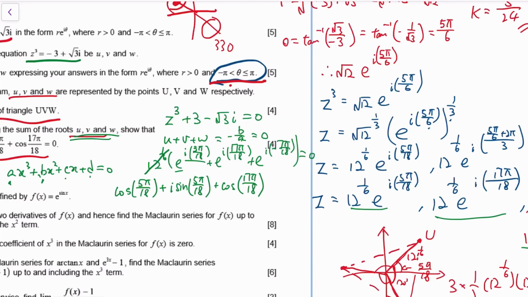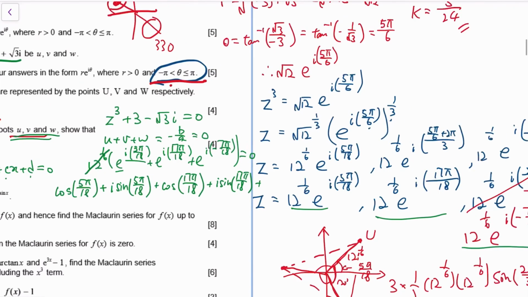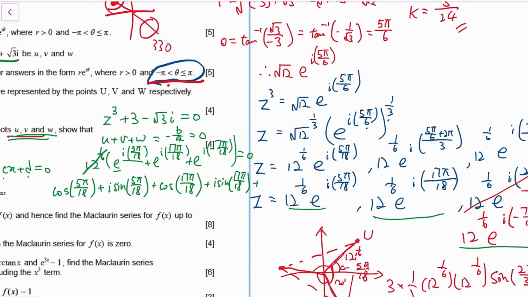Sorry for the lack of space. Plus i sine. So this whole thing is 0. Obviously 0 is 0 plus 0i. That would mean for the left hand side, both the real part and the imaginary part have to be 0.